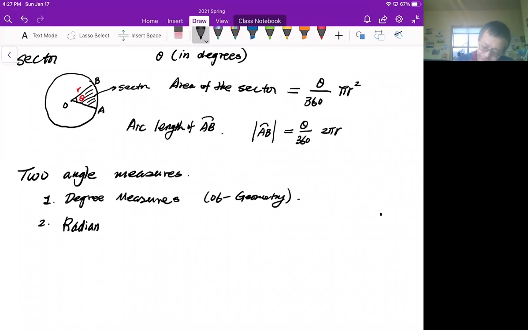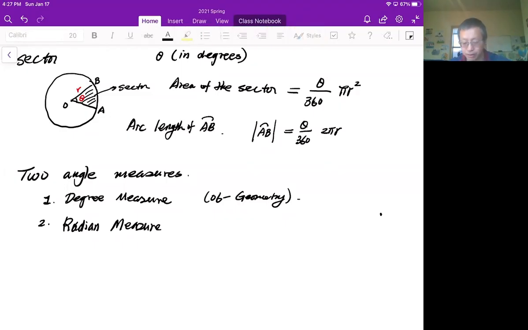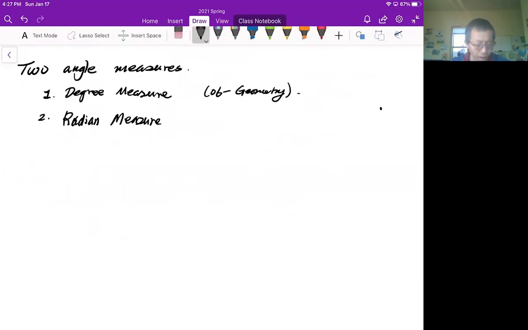So what does that mean? One is called the degree measure, and the other one is called the radian measure. And here is the connection between them. For the degree measure, we all know 360 is the whole revolution, the angle of the whole circle.